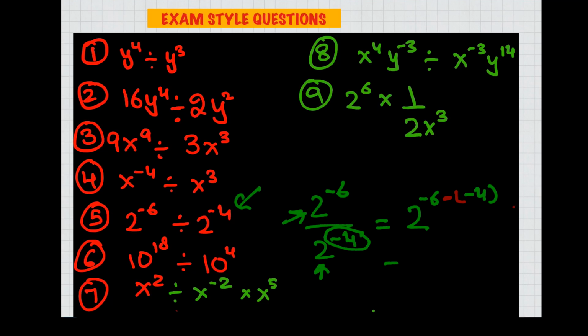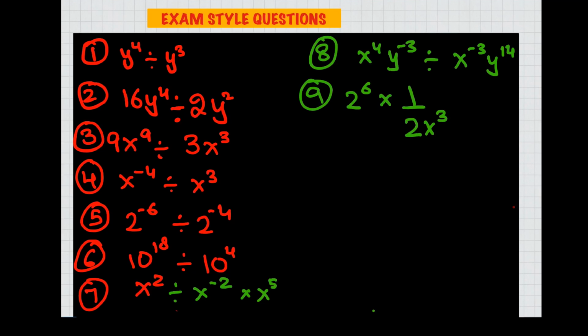Next step, we have 2 to the power minus 6, minus times minus makes it plus 4. 2 to the minus 6 plus 4 is minus 2.